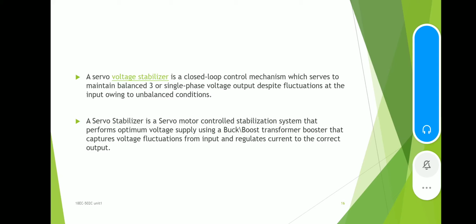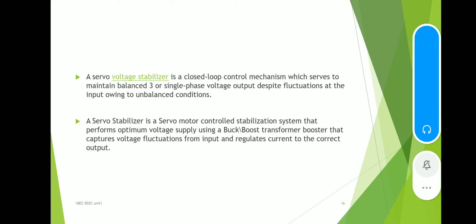This servo controlled stabilizer is a servo motor control system, a stabilization system. The main element here is the servo motor that performs optimum voltage supply using a buck boost transformer.